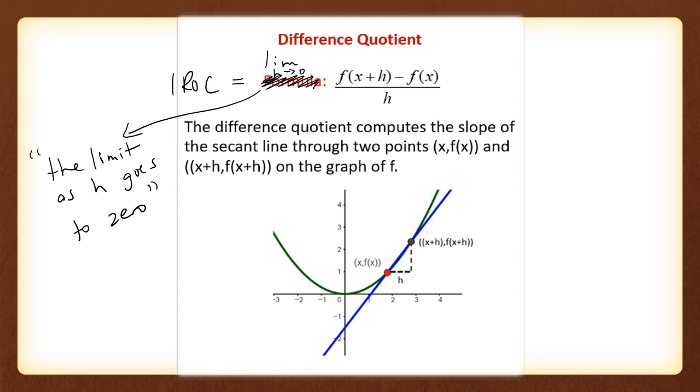So we're going to add a little bit to x. So let's say that's at 2. We're going to add a little bit, just like we did in the last lesson. So let's say add a tenth. And then what is that value when you sub it into your function, f of x plus h? But what we're going to do is we're going to do the limit as h goes to 0. And what the limit means is, it means you don't quite get there, but you almost basically do.